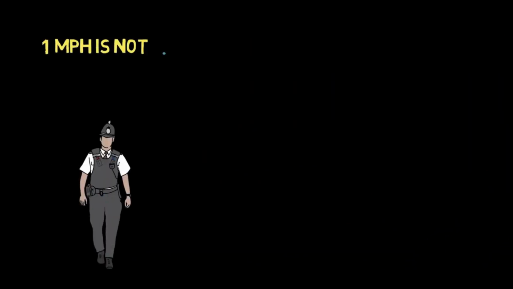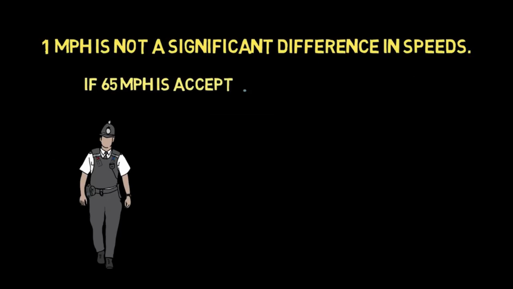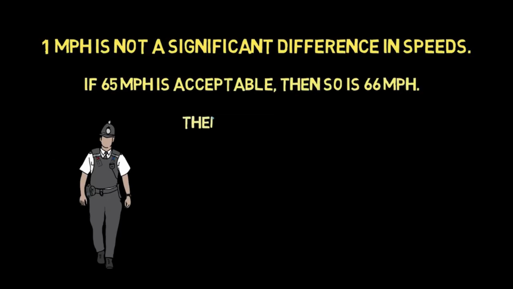First, 1 mile per hour is not a significant difference in speeds. And second, if 65 miles per hour is acceptable, then so is 66. The trouble comes when this first premise is applied again to the difference between 66 and 67 miles per hour, and then 67 and 68 miles per hour, and so on.